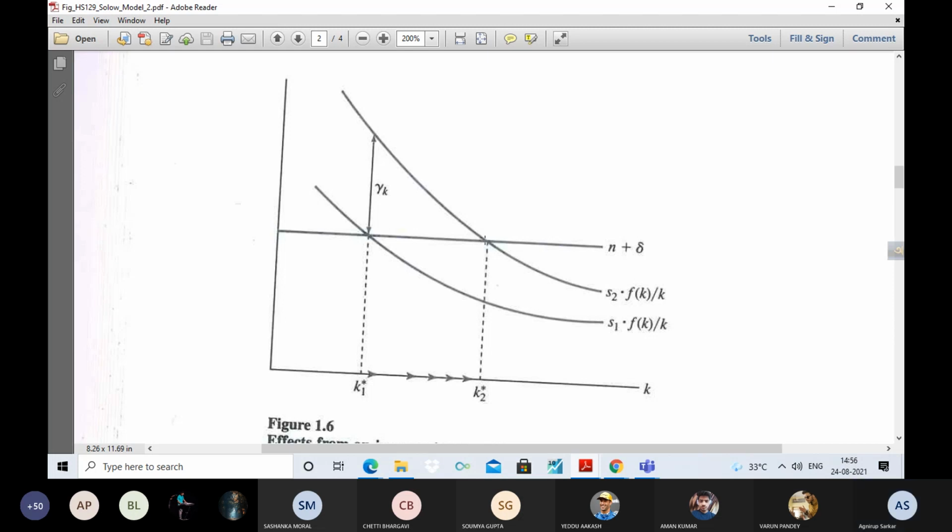So that's the bottom line: if we want to generate growth in long run per capita income and consumption within this neoclassical framework, that growth must be generated from technological progress rather than from accumulation of physical capital.